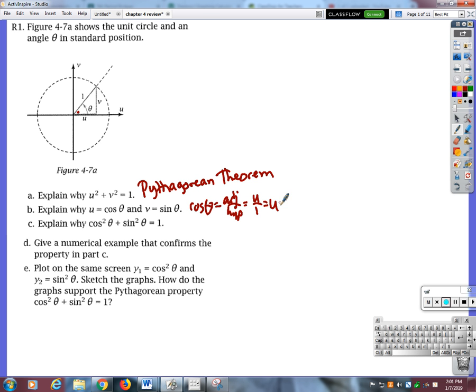And then why is the sine of theta equal to v? And v over 1 simplifies to just plain old v.